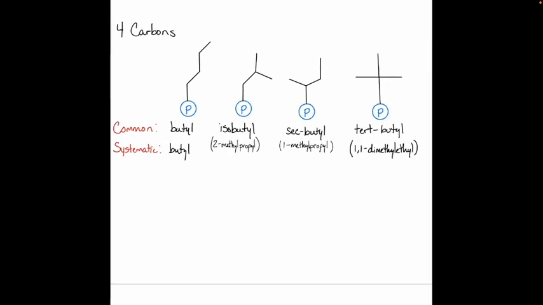All right, and then the last one is if we have 5 carbons, and again, we have that fork at the end. So a total of 5 carbons, 1, 2, 3.